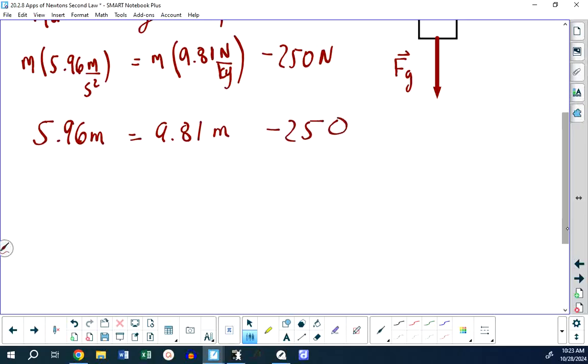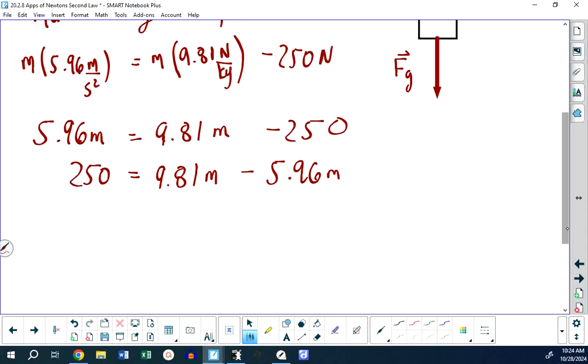This is a basic grade 9 math equation. You want to collect all of your terms with your unknown to one side, and I'm going to choose to take the 9.81 m, where m is the mass, and subtract the 5.96 m, and I'm going to move the 250 to the other side. So I have rewritten the equation.